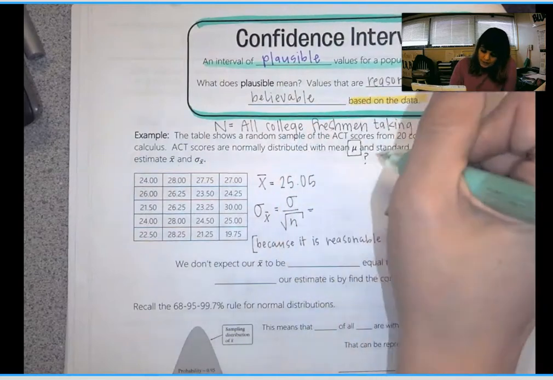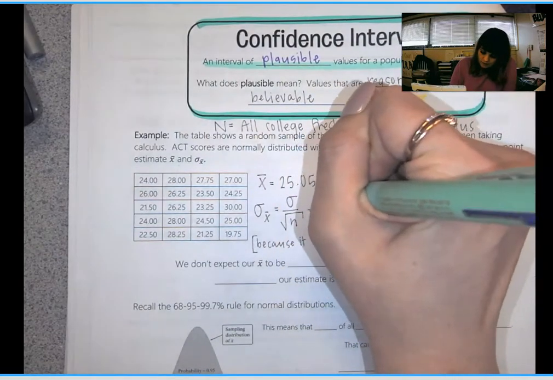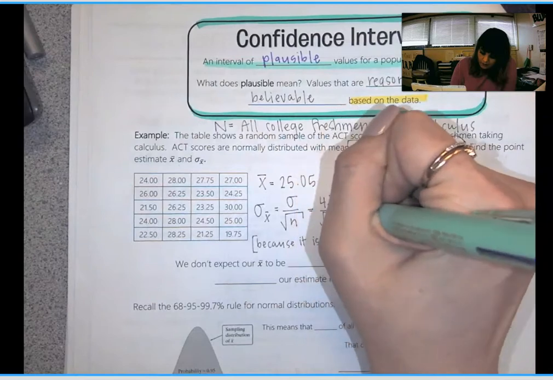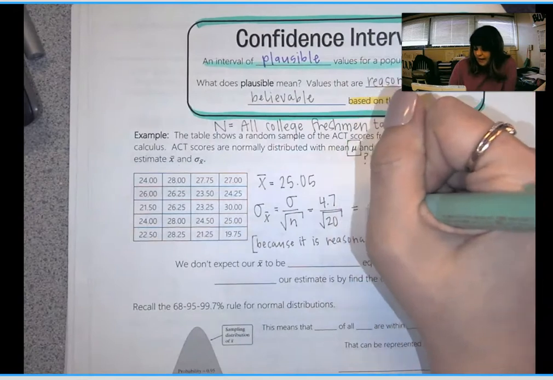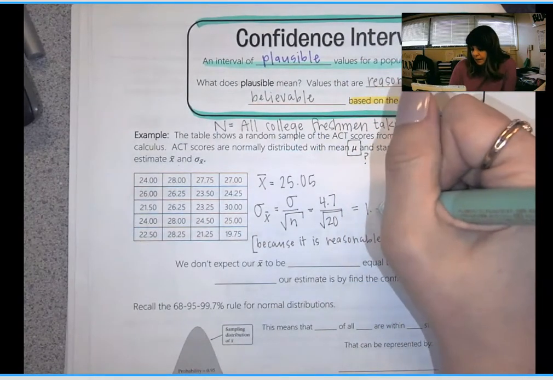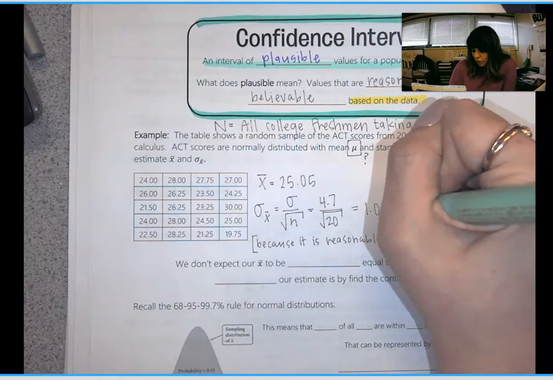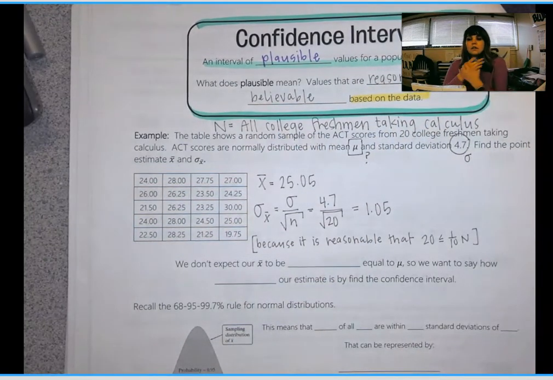So we're going to take this 4.7, and we're going to divide it by the root of 20. That gives us a standard deviation of 1.05. What that means is that our observations, or our students, are about 1 point from the mean of 25.